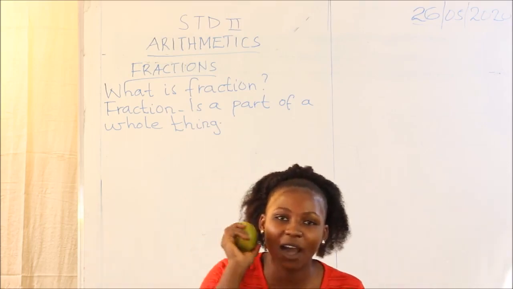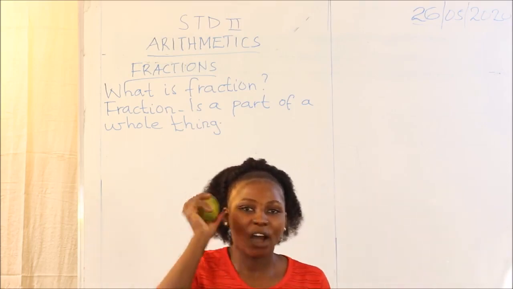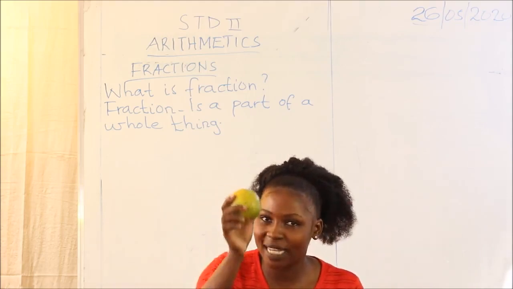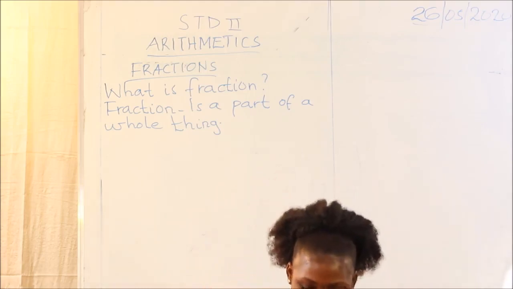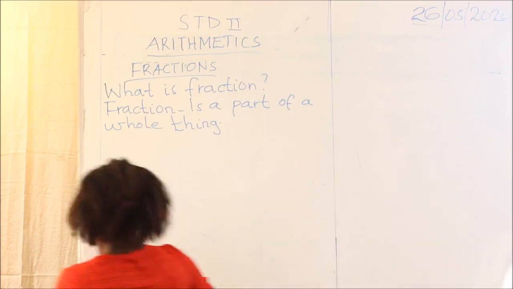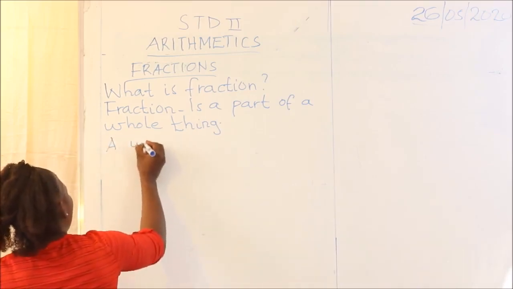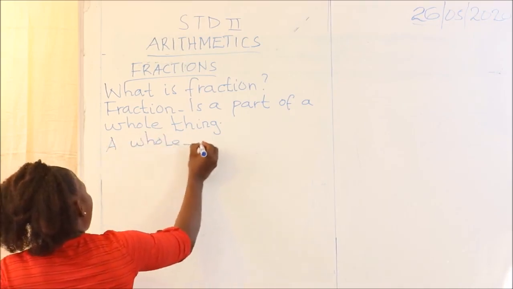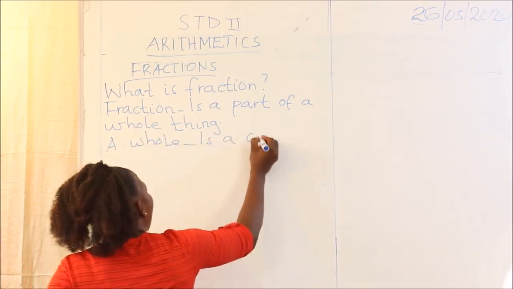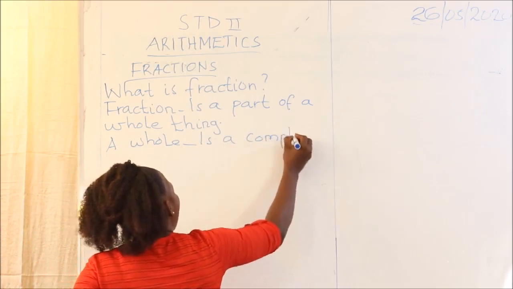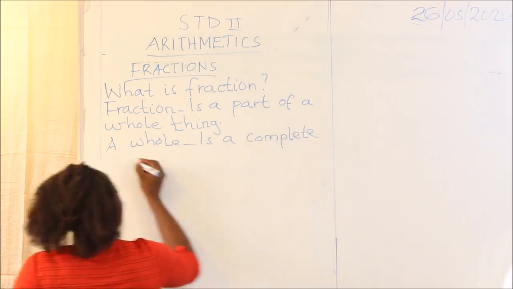So when you're talking about a whole thing, it means a complete thing. So a whole is a complete thing.